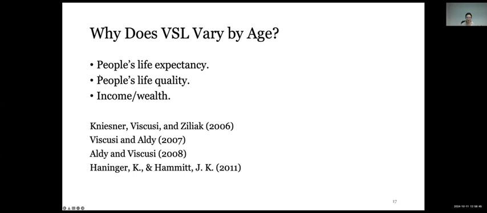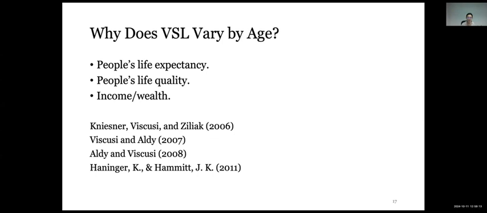First is life expectancy. The greater your life expectancy is, the higher willingness to pay you have for a unit risk reduction, because you're literally paying for more expected life years in the future. Therefore, your willingness to pay is higher if you have more years to live.